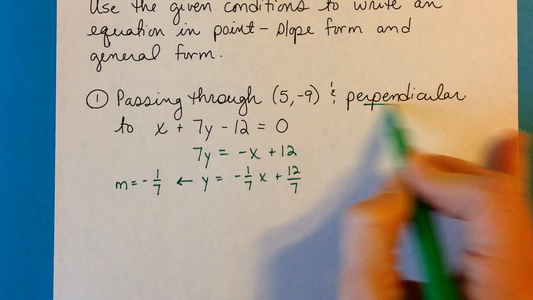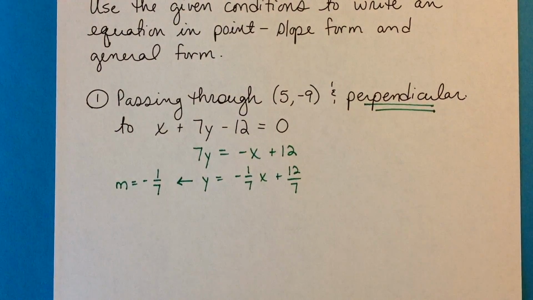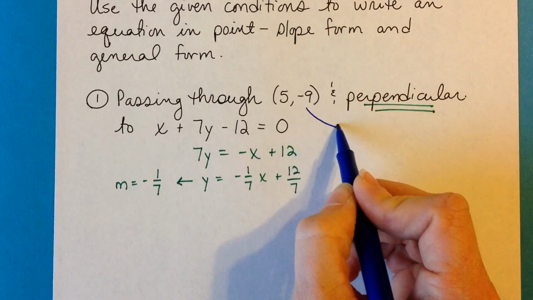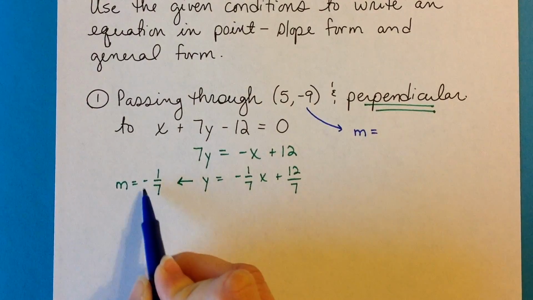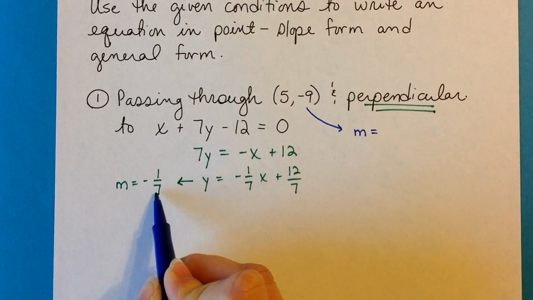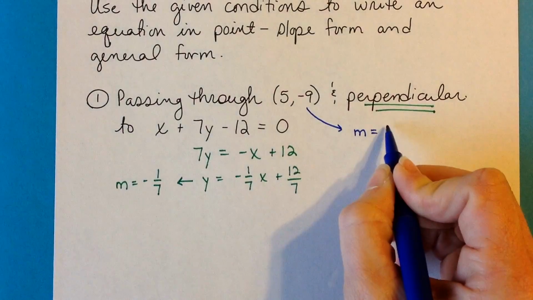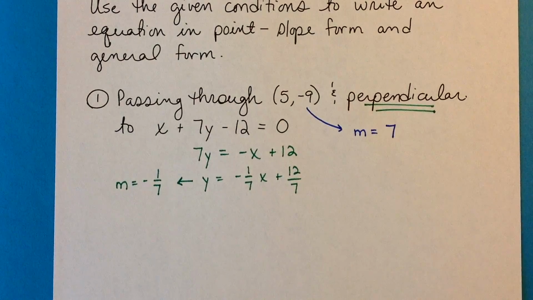But since I'm finding lines that are perpendicular to each other, then along with using this point, the slope that I need to use would be the negative reciprocal of this. So you have to take the negative 1/7, flip it, and change the sign. Of course you're changing it to positive, but flipping it would just give you a whole number of 7.